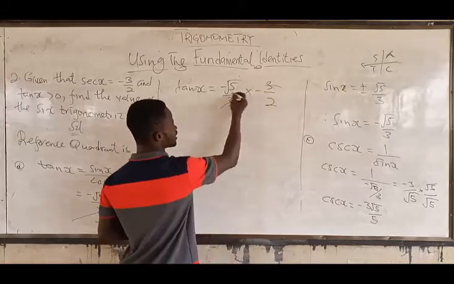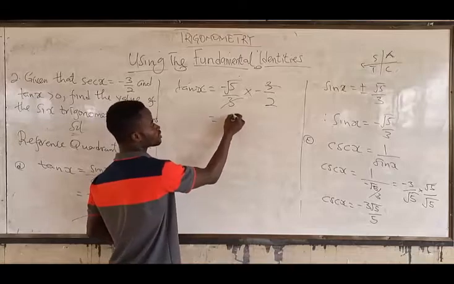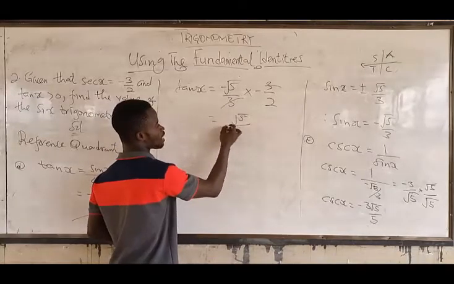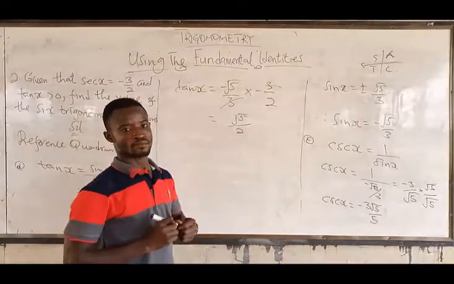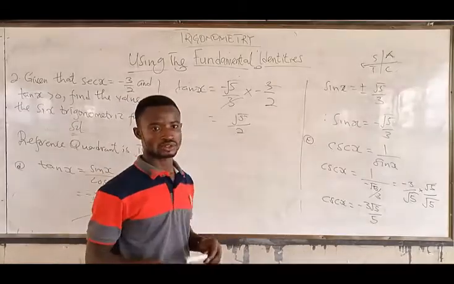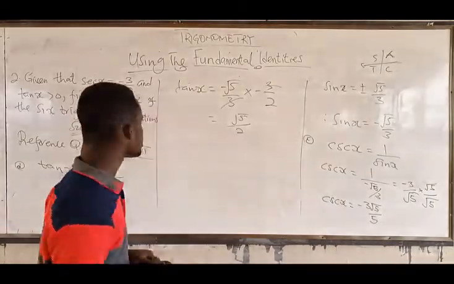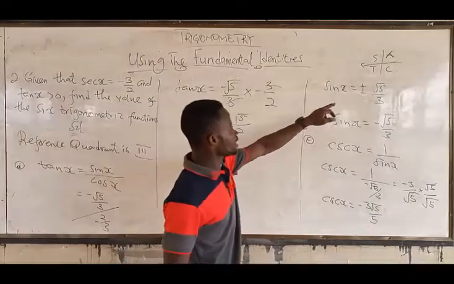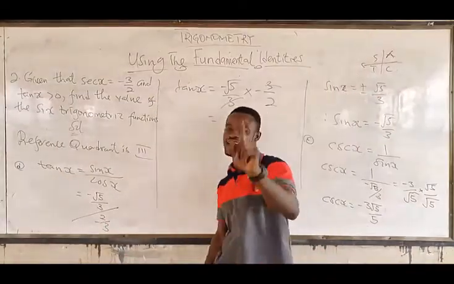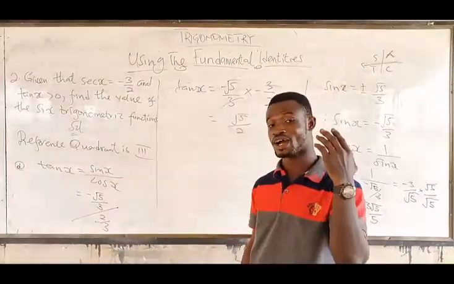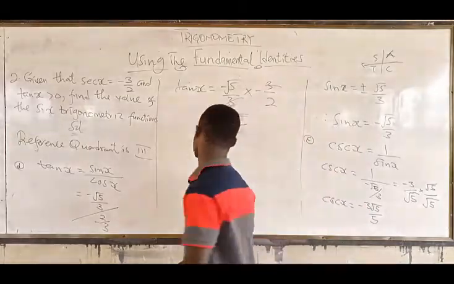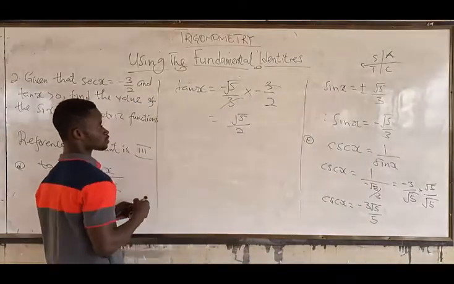This cancels this, and you're going to get square root of 5 over 2. So that is for tan x. And we are working in the third quadrant, so tan is positive. Very good. So leave it as positive.